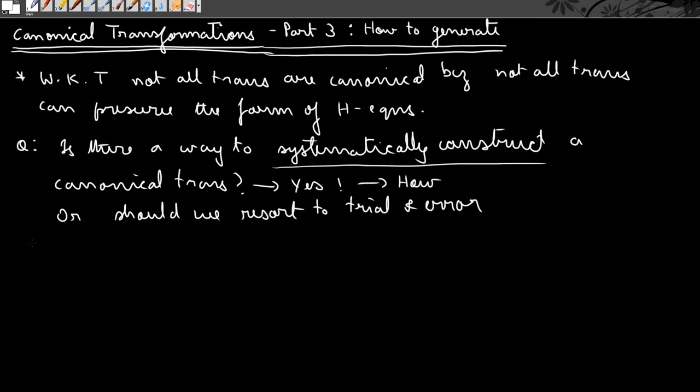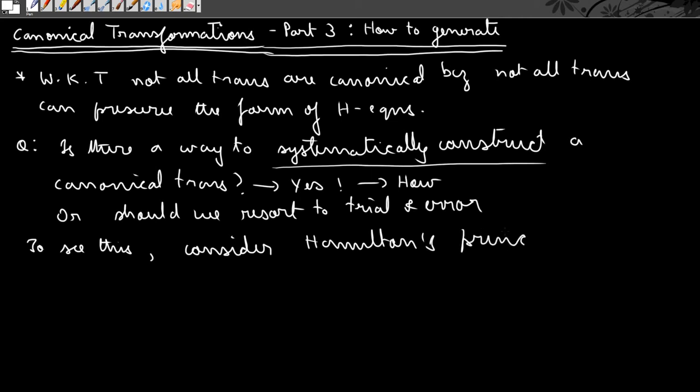To see this, consider Hamilton's principle, which says that for the correct path, the variation in the action, given by the variation of the integral of L dt, where the integration is from the initial time to the final time, should be equal to 0.